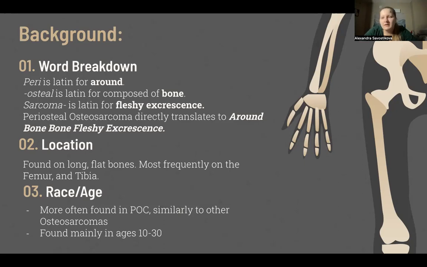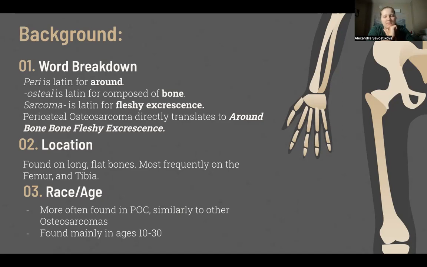And then finally, for background, just for some knowledge, the race and age. All osteosarcomas have been found to more commonly present themselves in people of color. Specifically for periosteal osteosarcoma, it has been found mostly in African Americans and people of Latin origin, Latino descent.